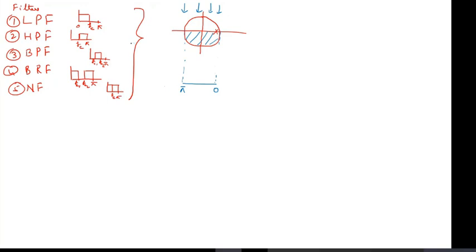Why will we not consider the lower half? Due to the Nyquist criteria, it will only go till 180 degrees. The placement of the poles will be up to 180 degrees, that's true. But when you put a pole in the first half, in the lower half also you will get a conjugate pole.